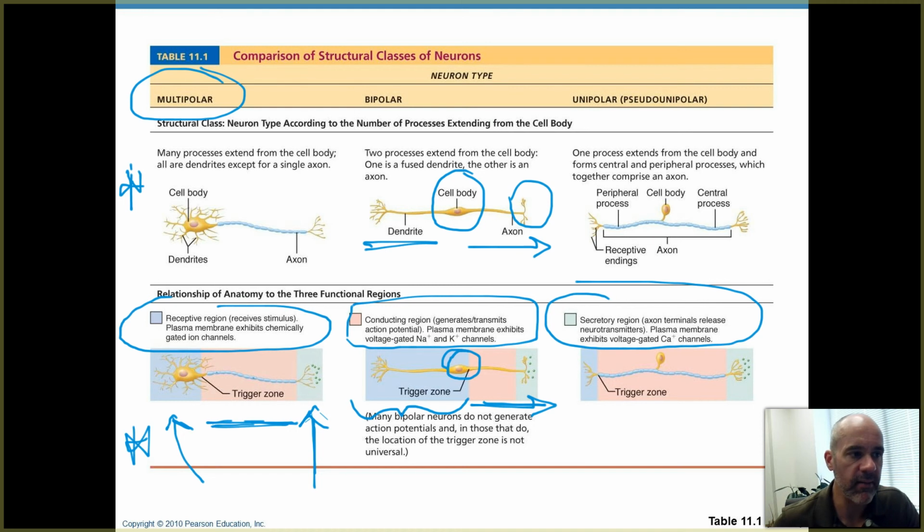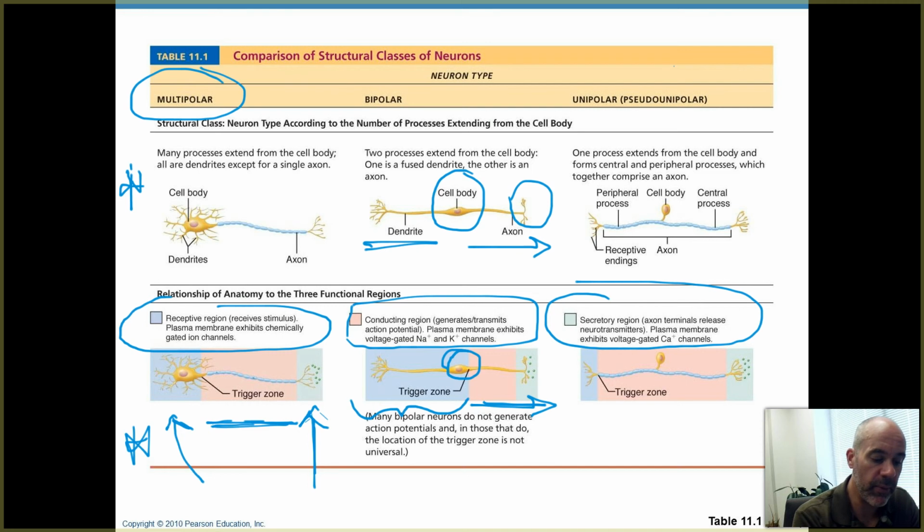That's why you see the axon illustrated in pink. And then at the other end, at the end of the axon, that neuron can secrete chemicals, neurotransmitters, that will try to influence another neuron to do its signaling.